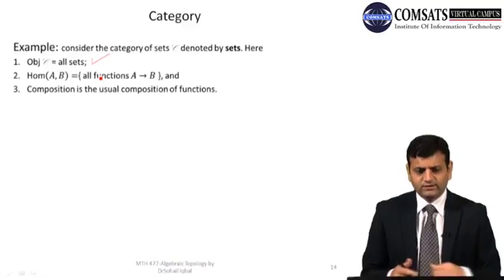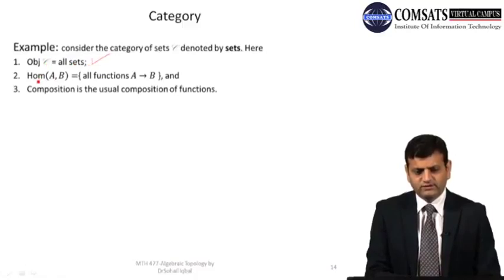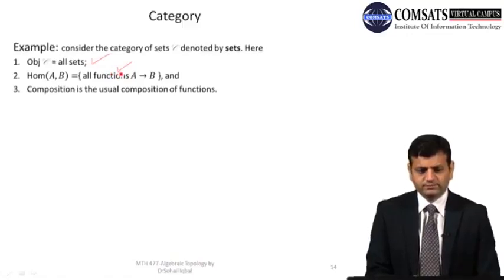When the objects are sets, the morphisms between two sets are just simple functions. As I said earlier, the definition of the morphism depends really on the objects.